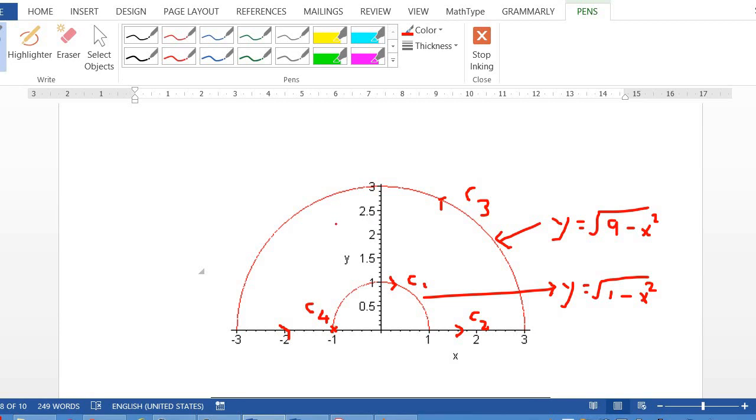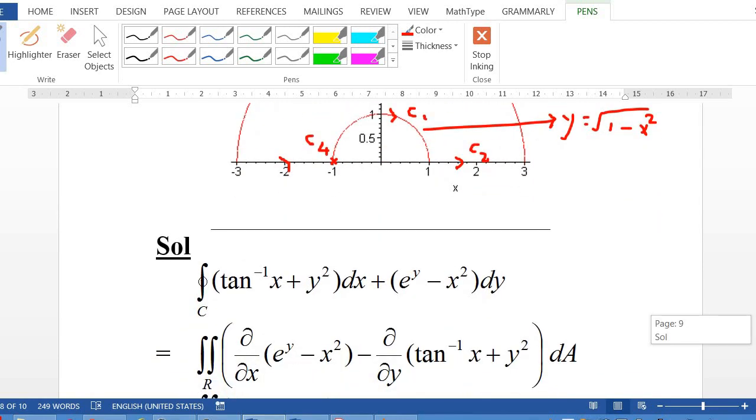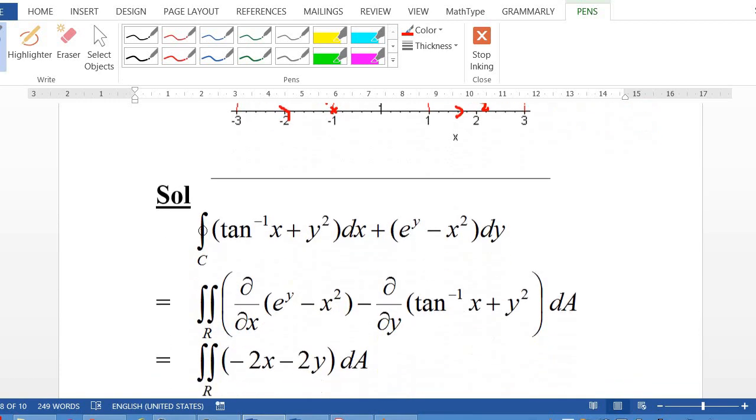Then you have your region R, which is bounded by the curves y equal to the square root of 1 minus x squared and y equal to the square root of 9 minus x squared. Hence, you have a simple closed curve which forms a region R. Now you can solve your line integral using Green's theorem.